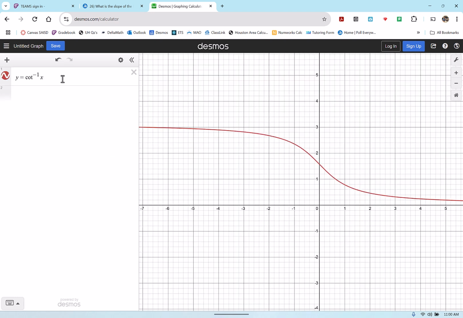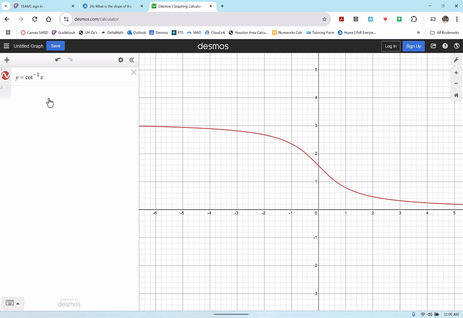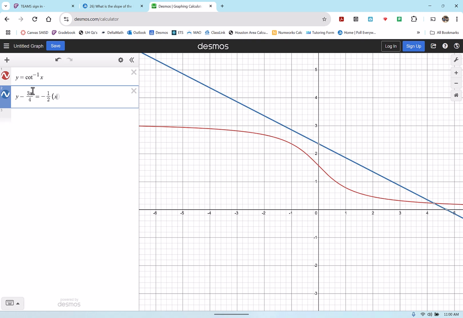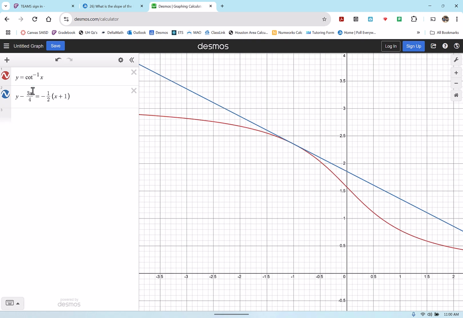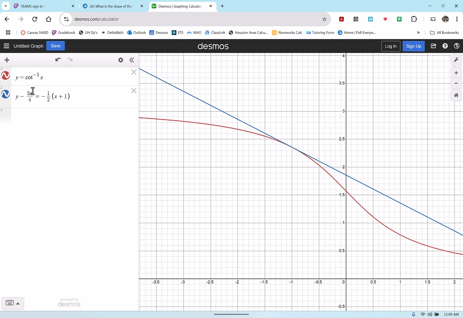So there's arc cotangent, right? And then give me the tangent line that we got. y minus 3 pi over 4 equals negative 1 half x plus 1. Check it out. That's cool, right? You don't think that's cool?